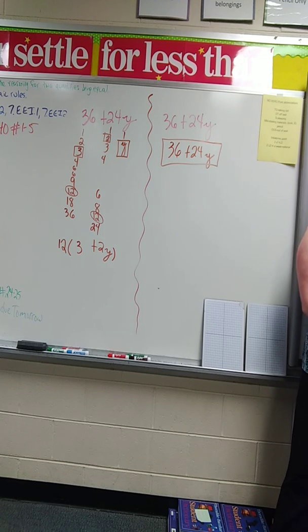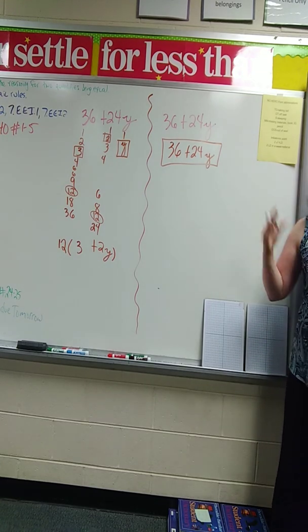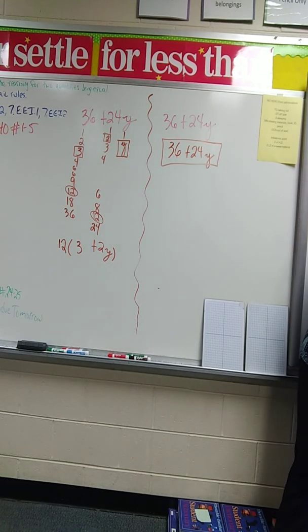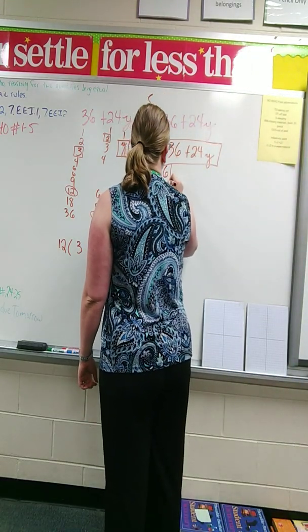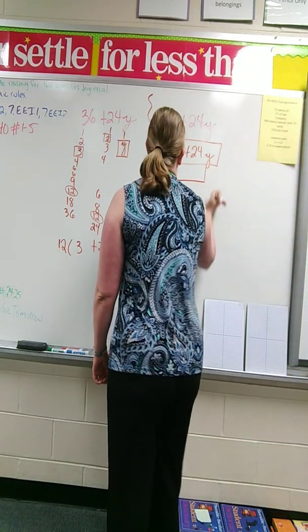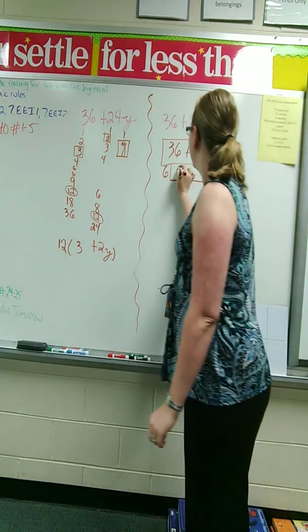Okay, so without using our greatest common factor of 12, what is a common factor between 36 and 24? 6. Okay? What times 6 gives me 36? 6.